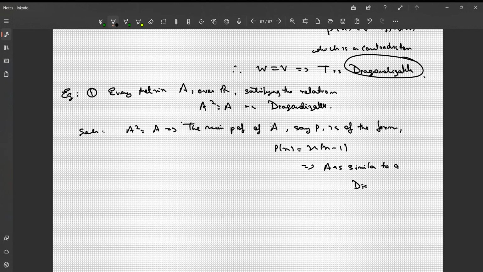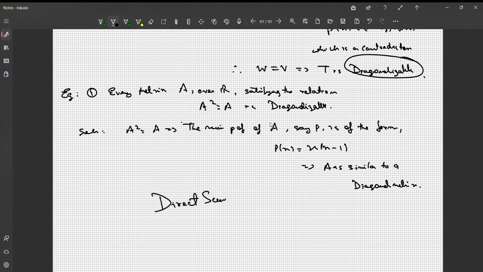So that exactly satisfies the characterization we just discussed, which implies A is similar to a diagonal matrix. The other way of saying that A is diagonalizable. Okay, is it clear?